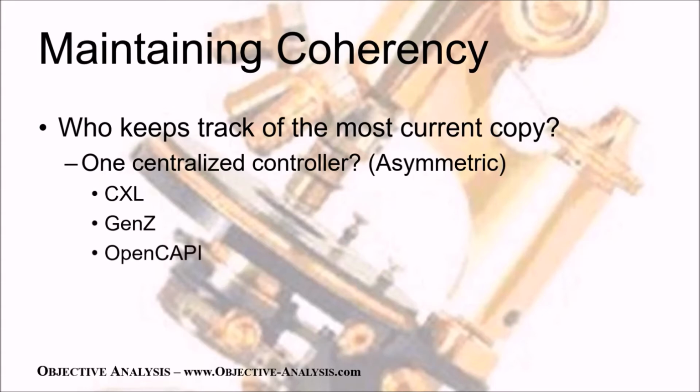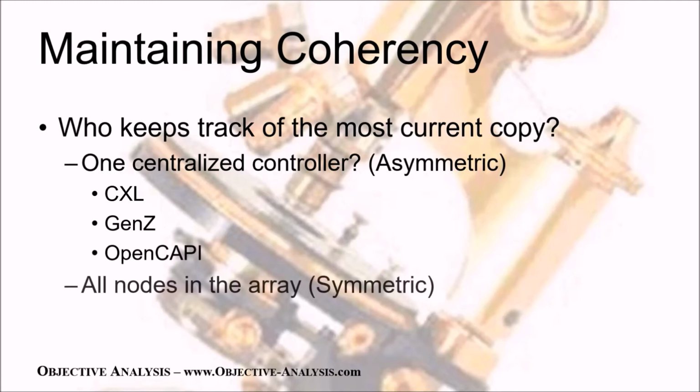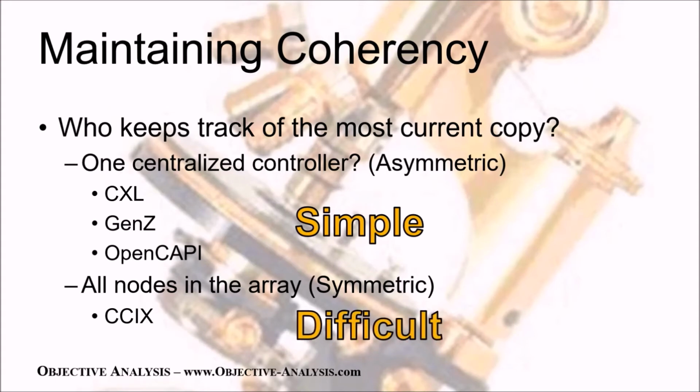CXL, OpenCAPI, and GenZ all handle coherency this way. The alternative, called a symmetric system, allows all of the system's elements to share this responsibility. This is a faster, more robust solution that is used in the C6 standard. An asymmetric system is relatively simple to configure. Symmetric systems can be much more difficult.